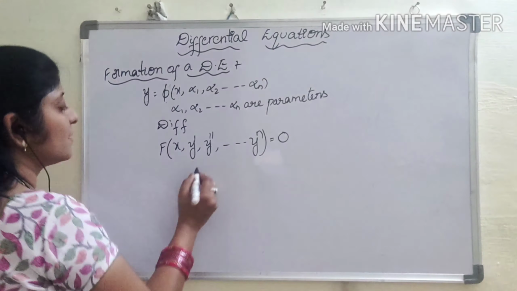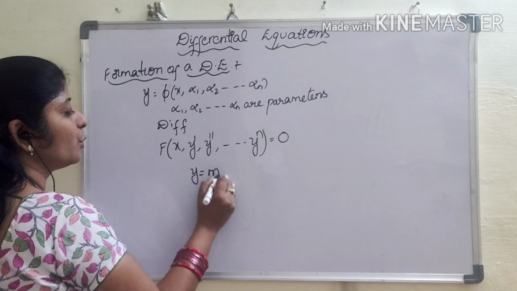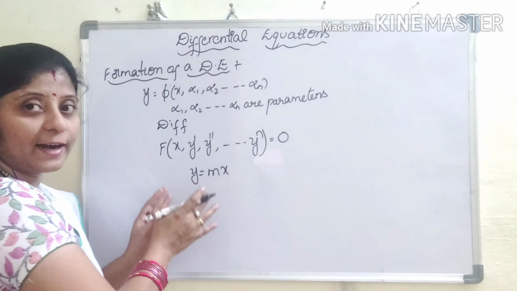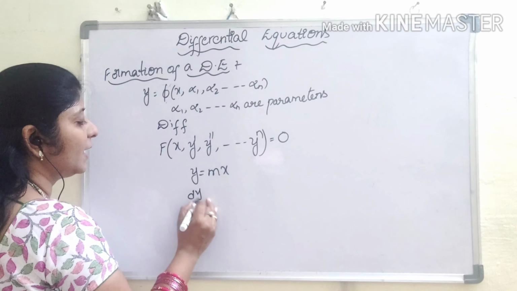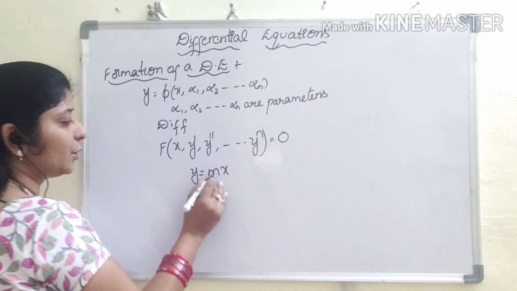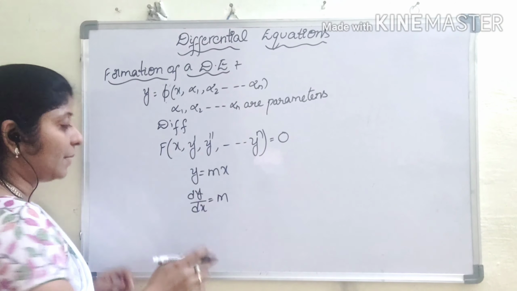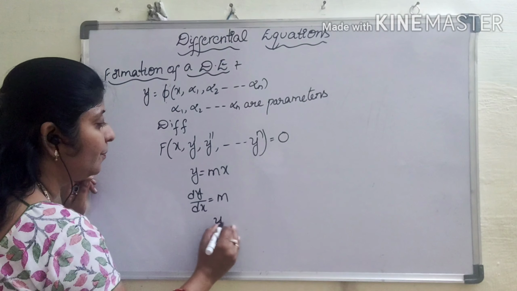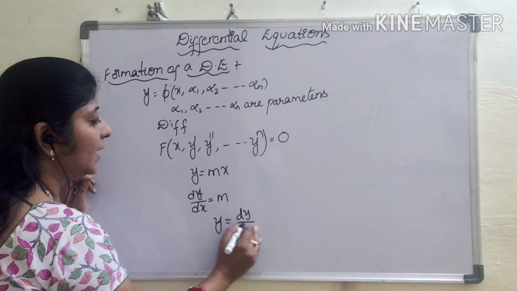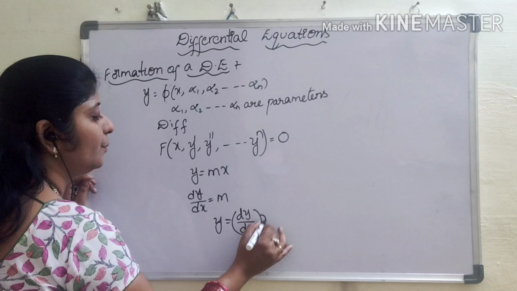If we take one example, y is equal to mx. Now differentiate this function. Here m is the parameter, dy by dx equal to m. X has 1. So m is equal to dy by dx. Substitute in this equation. Y is equal to dy by dx into x.